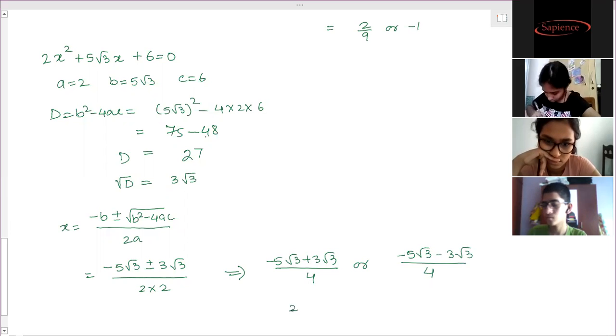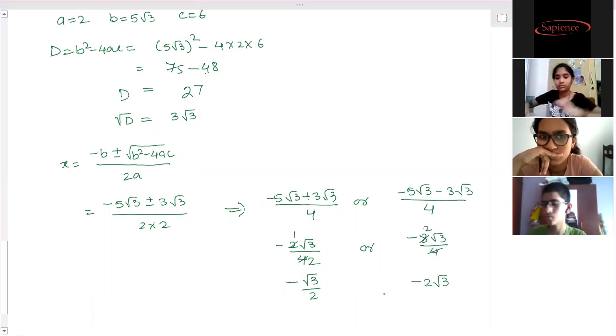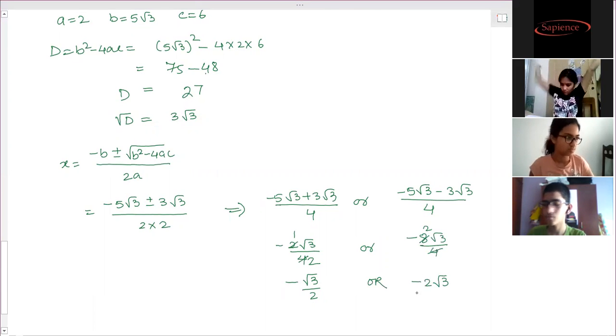So this you will get minus 2 root 3 by 4. 2 ones are 2, 2 twos are 4. So you will get minus root 3 by 2, or minus 8 root 3 by 4. 4 twos are 8. So minus 2 root 3. So the roots are minus root 3 by 2 and minus 2 root 3.